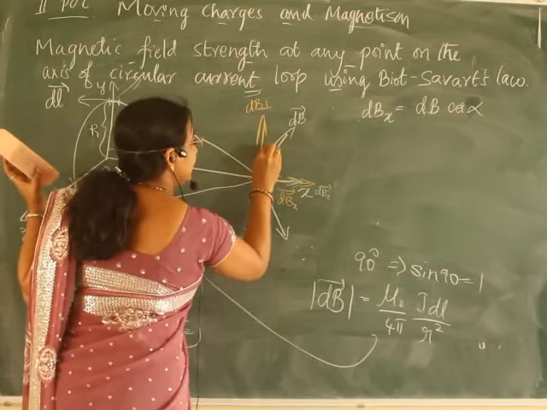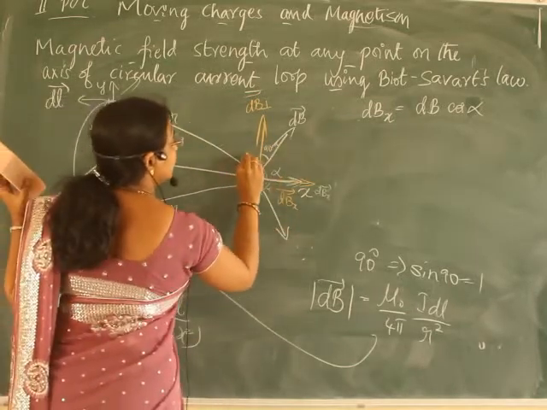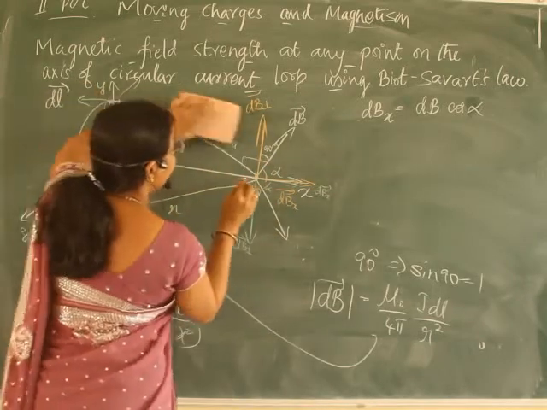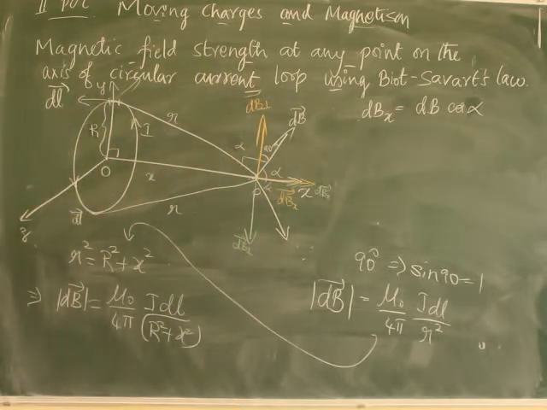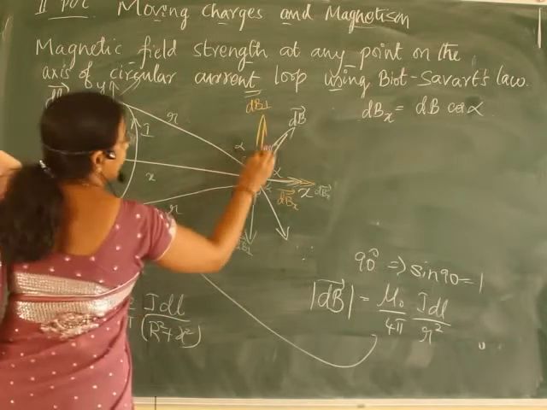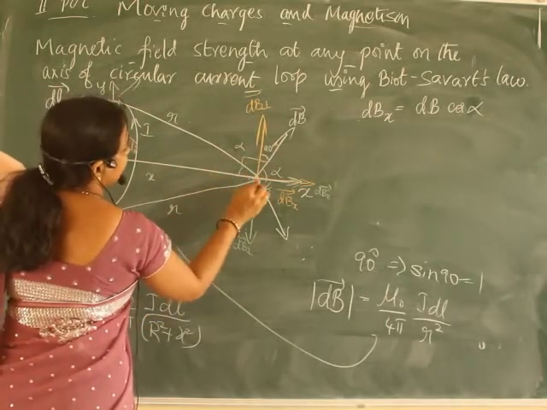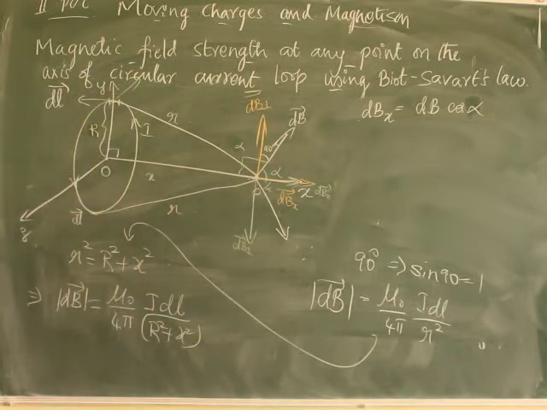This is 90 minus alpha. But this is a right angle, so I can say this is nothing but alpha, correct? But see here, again this is 90 degrees, then I can say this is nothing but, what I can say? Can you help me?